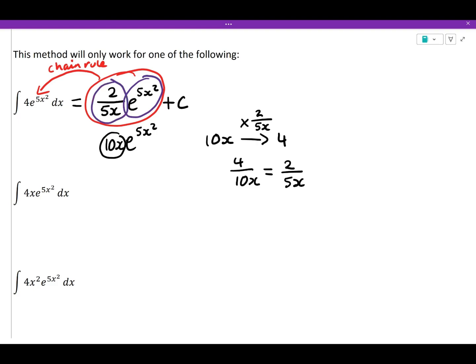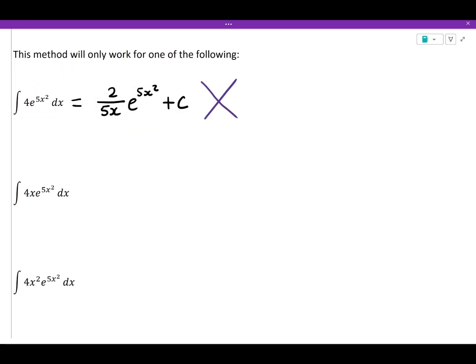So we have a product of functions of x, therefore we would need to use the product rule to differentiate and not the chain rule. Therefore, the decision to use the reverse chain rule to begin with was incorrect. We cannot do this integral here with the reverse chain rule, so I'm going to put a cross here to indicate that. Now let's look at the next one.